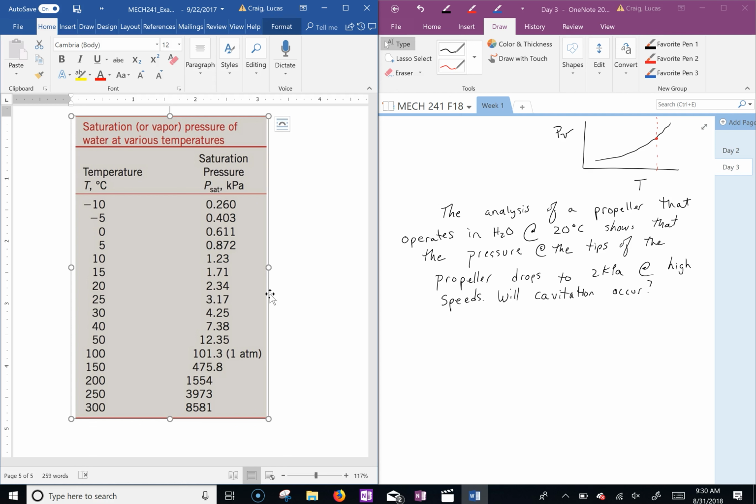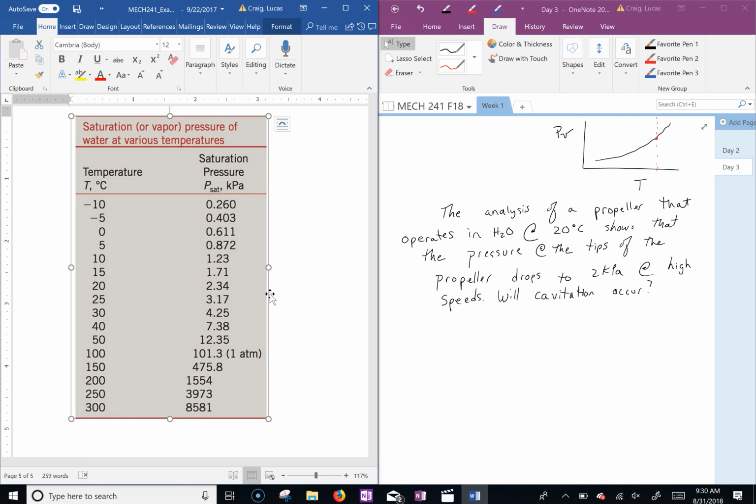They're in the back, and they give what they call saturation or vapor pressure at various temperatures. Temperatures are on the left, and the saturation pressure or vapor pressure is on the right.